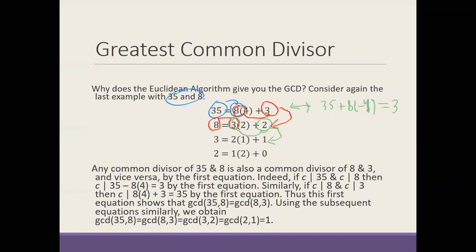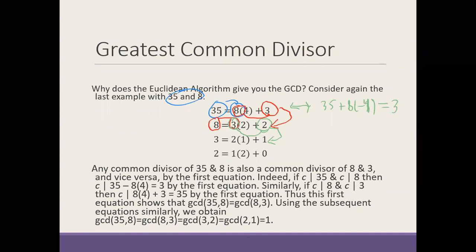Because think about it, if something divides 35 and 8, then certainly it divides that combination of 35 and 8, yes? And therefore it will divide 3, which is equal to that combination. So any common divisor of 35 and 8 is also a divisor of 3.